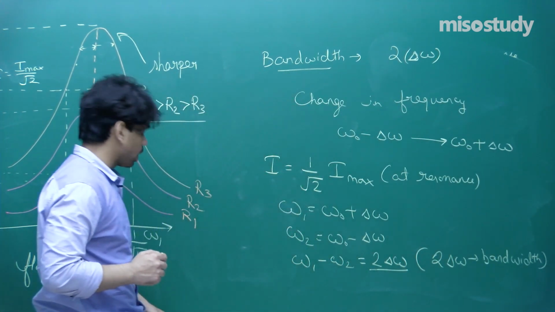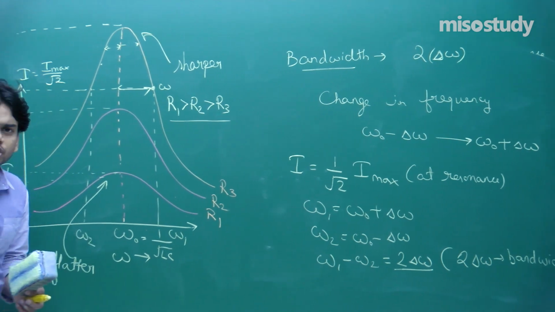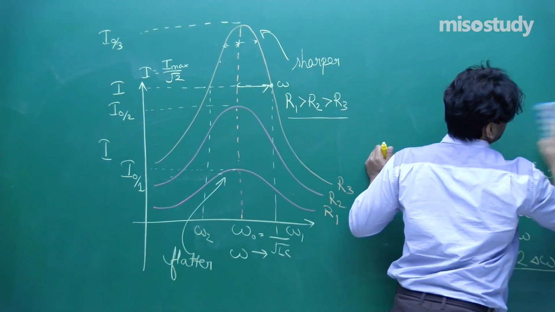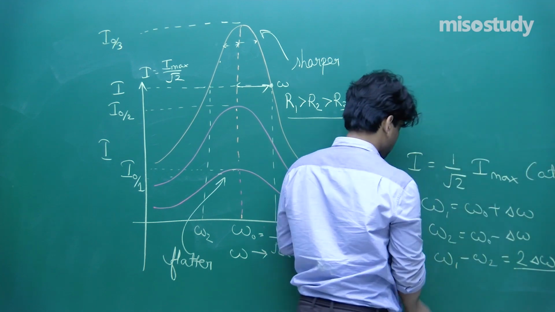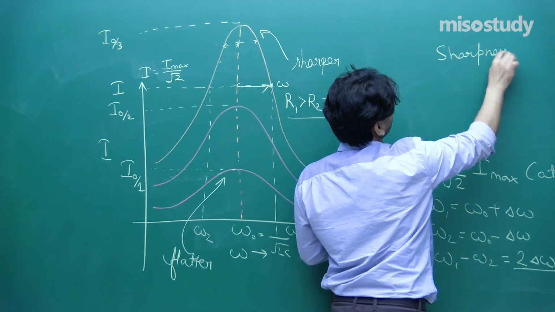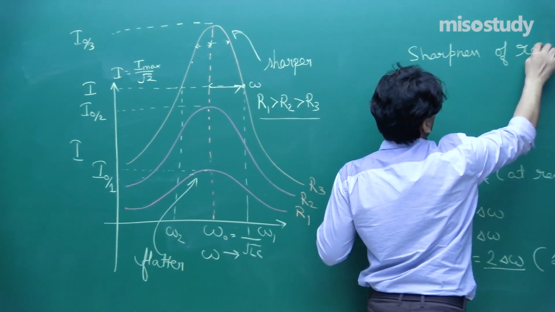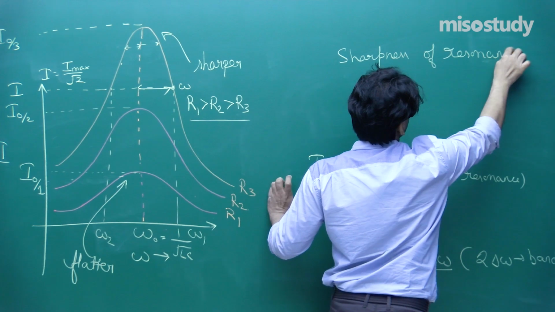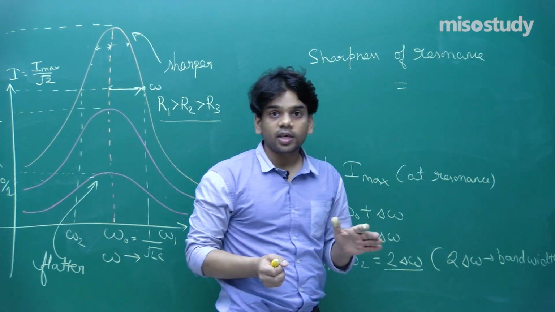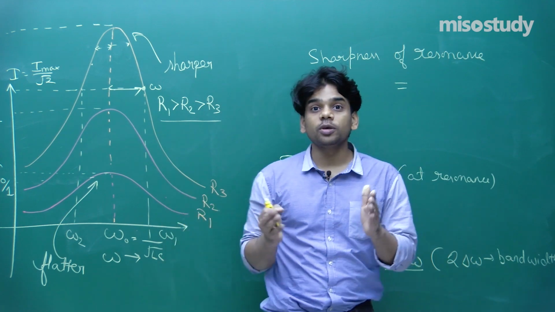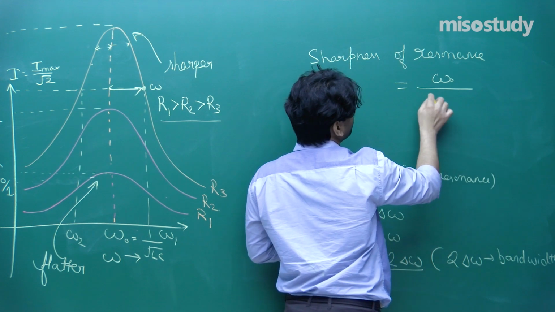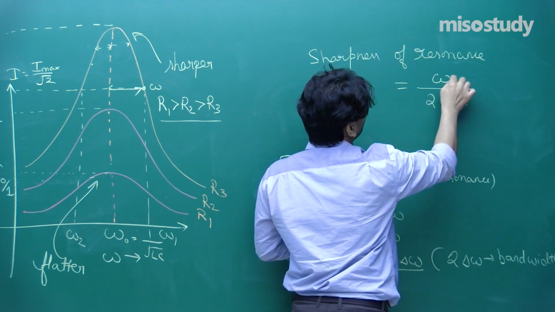Next, you can take down the sharpness of resonance. It is given as the ratio of the resonance frequency to the bandwidth, that is omega naught divided by twice delta omega.